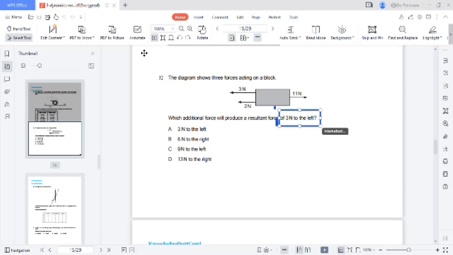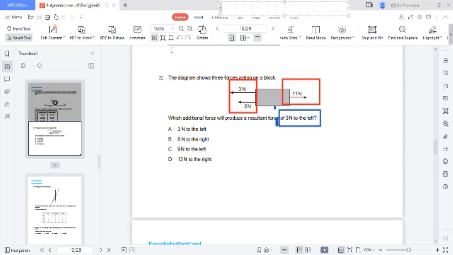okay, so on the right side we have 11 newton force, and on the left side we have 5 newton force. So the answer should be 3 newtons.